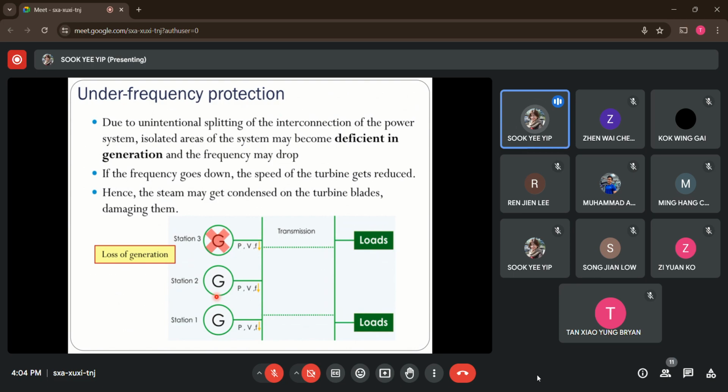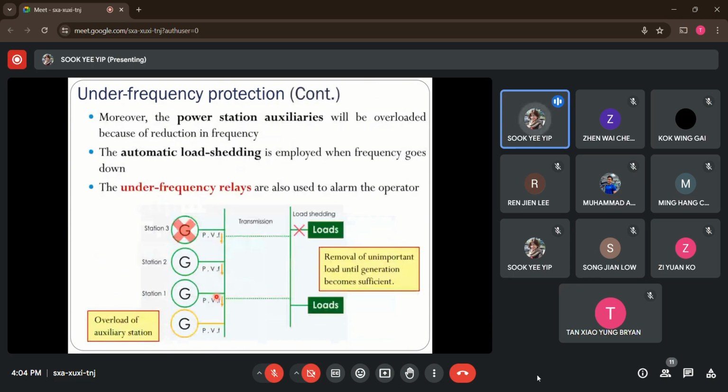If this issue happens at the main power plant, we will activate the standby power plant. The standby power plant is also known as auxiliary stations. All right, so these standby power plants might become old as well.